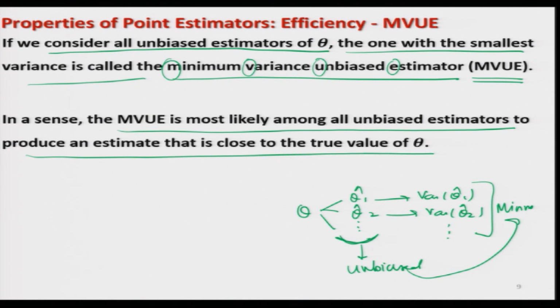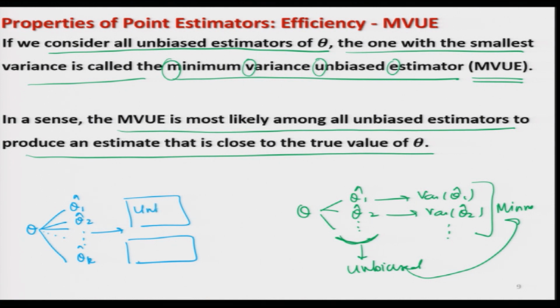Suppose I try to explain this here. Suppose we have an unknown parameter theta, and we have k possible estimators, theta 1 hat, theta 2 hat, up to theta k hat. Now, I divide them into two groups: one is unbiased estimators, and the other is a group of biased estimators.